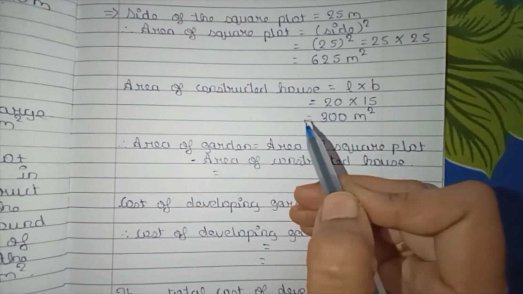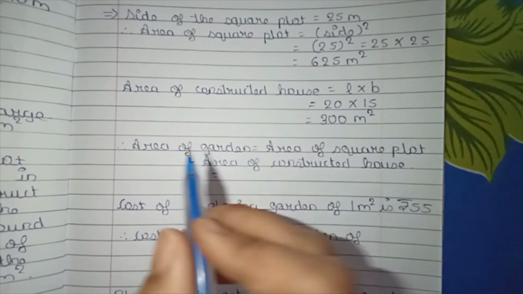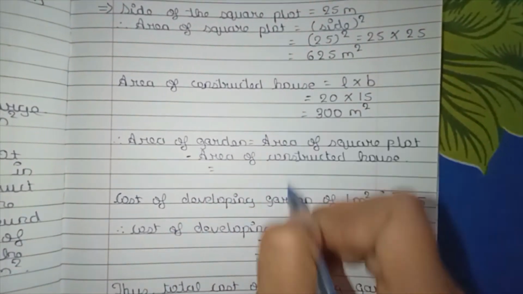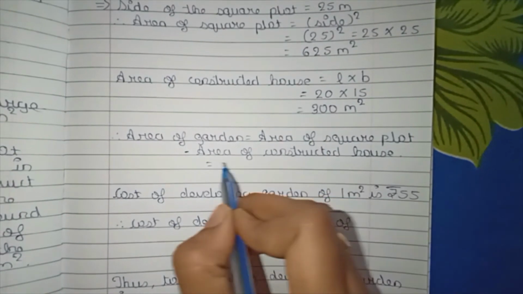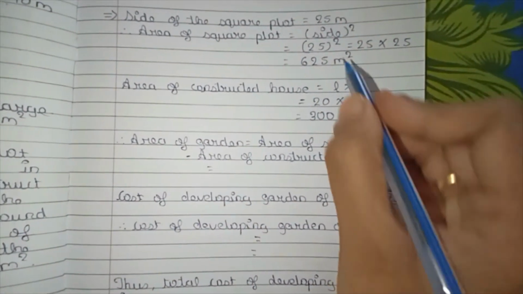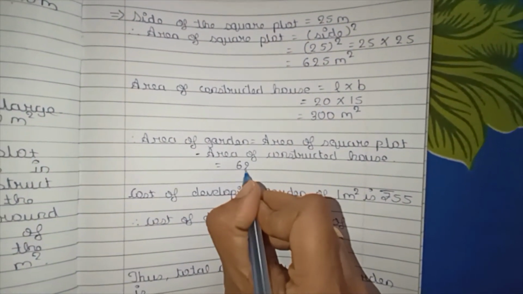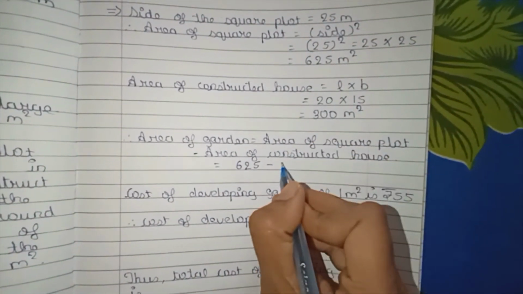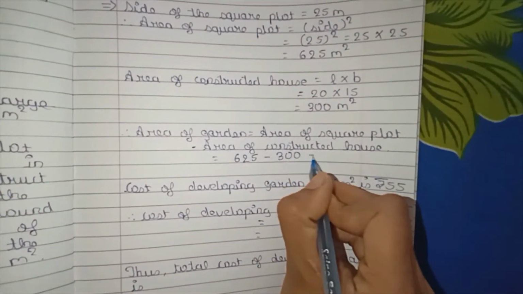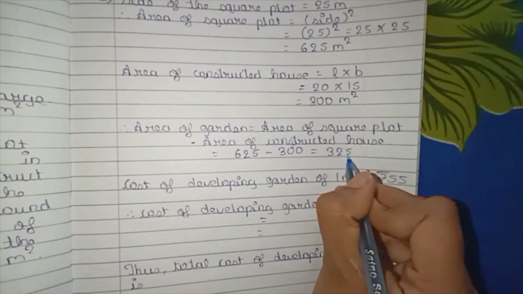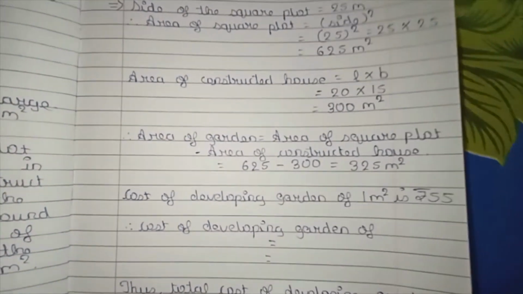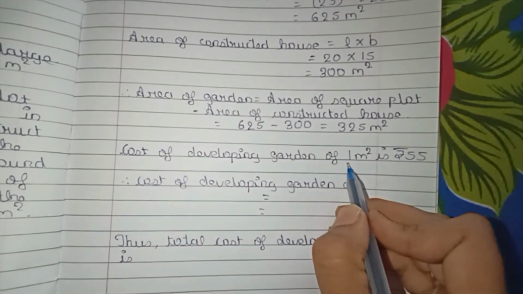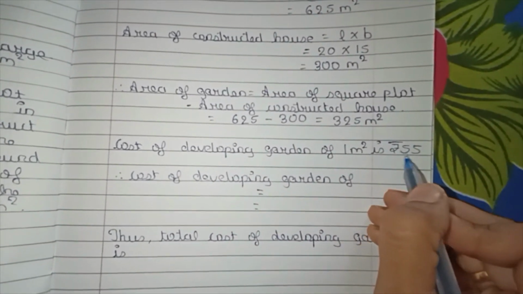Now we will find the remaining area, that is the area for the garden. So the area of the garden will be equal to the area of the square plot minus the area of the constructed house. The area of the square plot is 625 minus 300, the area of the constructed house. So the remaining is 325 meter square, which is the area of the garden. Now the cost of developing 1 meter square of garden is given to us as rupees 55.